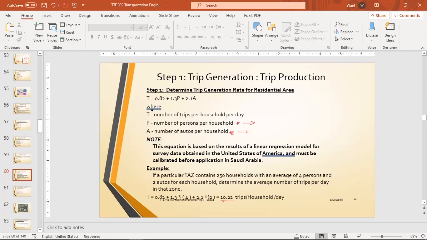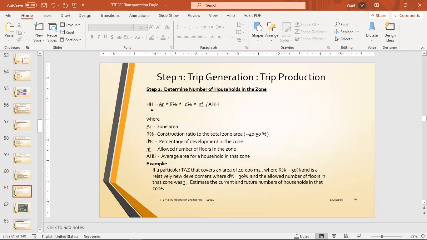Okay, so that means you need to multiply this number by the number of households, you get the total production of this transportation analysis zone. Determining the number of households in a zone. How to determine the number of households in a zone? That's also an equation or a form, which is basically the zone area, the construction percentage, and we solved an example on this last week.